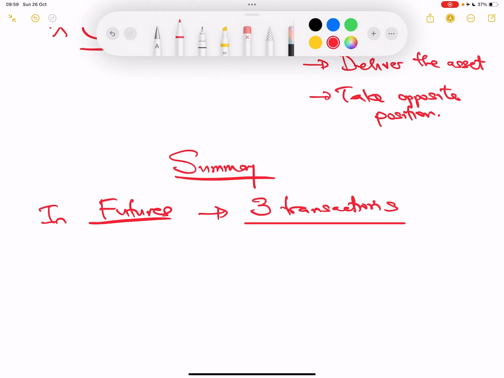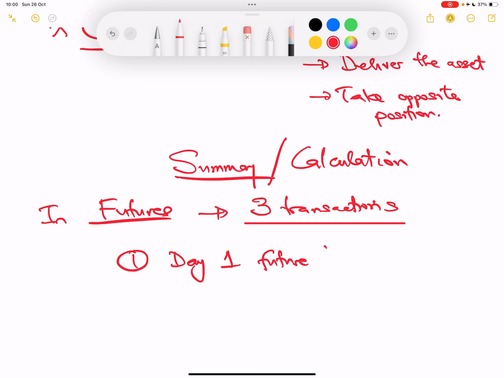For you to do your calculations, please, without the 3 transactions, your calculations will not be correct. The first one is your day 1 future transaction, so which means either you are buying or you are selling future on day 1.